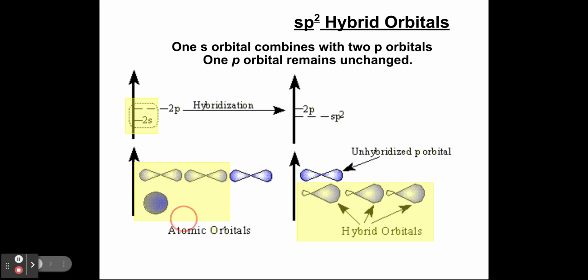So you take 3 unhybridized orbitals and you get 3 hybridized orbitals. You can see again that the 3 sp2 hybrid orbitals have a higher energy than the 2s, but lower energy than the 2p. So again, they're somewhere in between the s and the p. They're hybridized in energy as well.